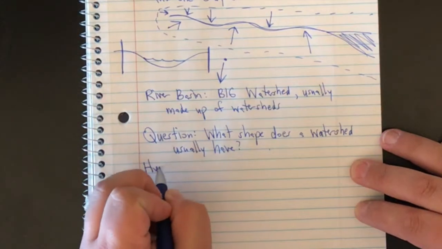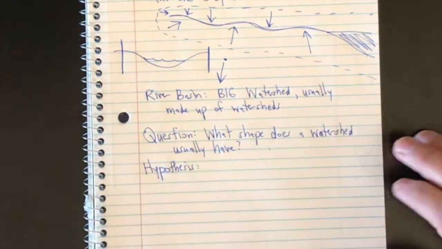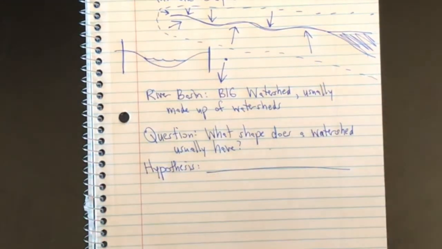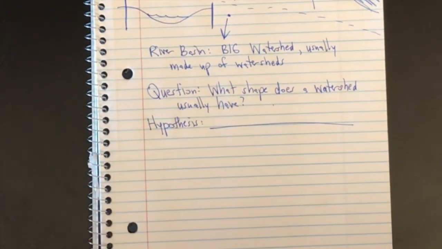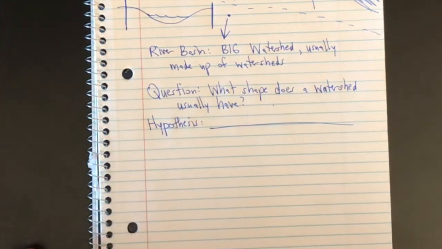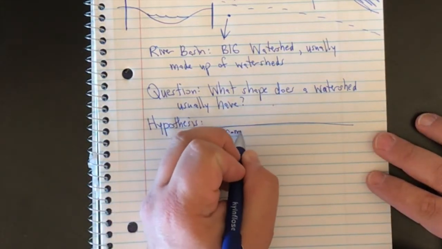So, next step, as always, is to come up with your hypothesis. And that, of course, is going to be your guess. Now, on the last lab report, some of you made the mistake of writing a very short hypothesis, which is okay in your notebook. But when you write your lab report, you have to have a complete sentence here.